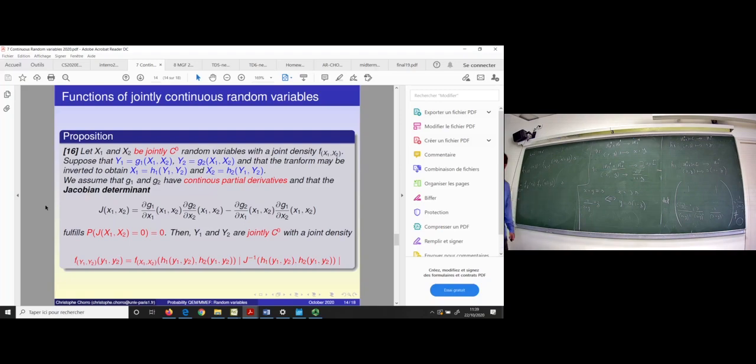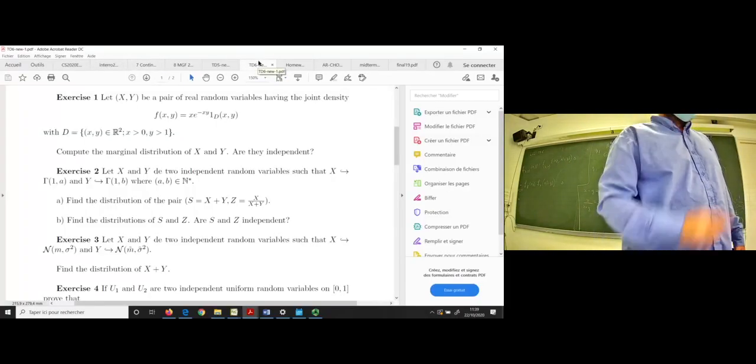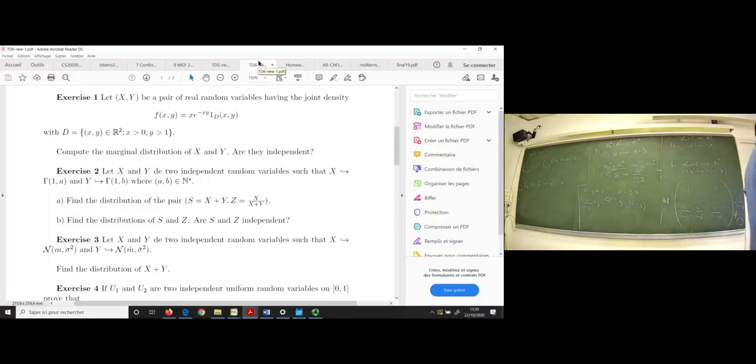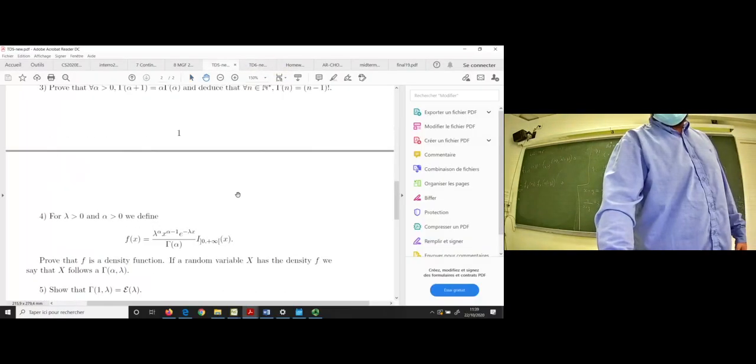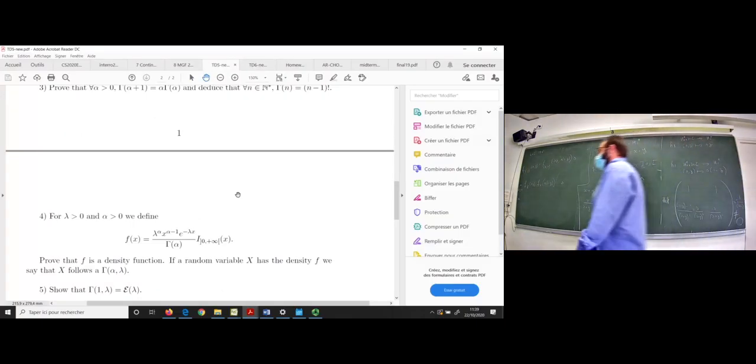Now we are going to use the fact that I know the density of x and the density of y. X follows a gamma(A, 1), y follows a gamma(B, 1), and I remind you that the density of a gamma is given by this expression. So for x, it's a gamma with alpha equal to A, lambda equal to 1.